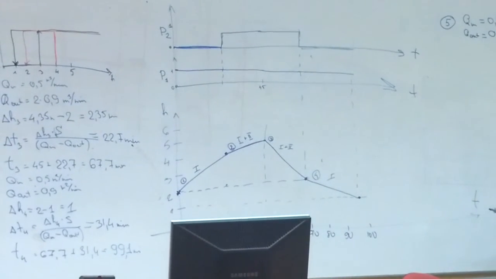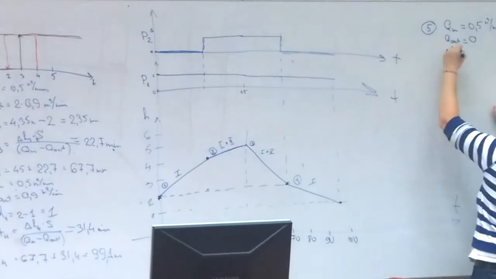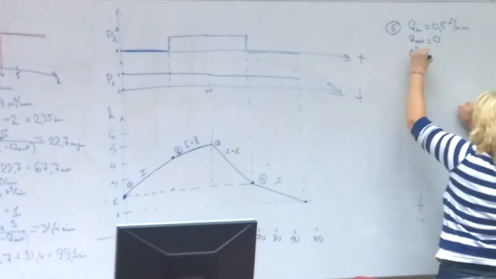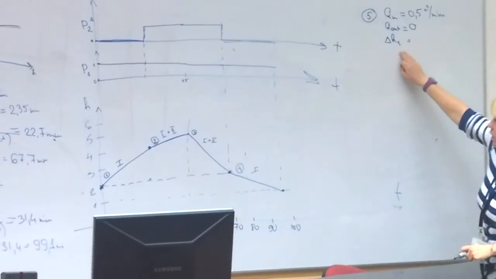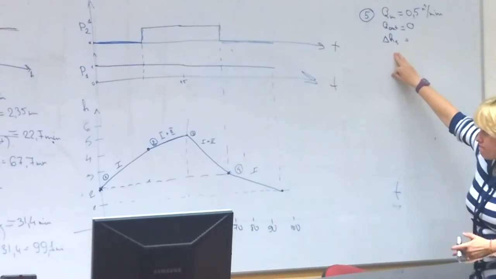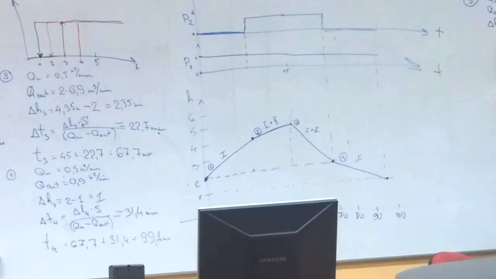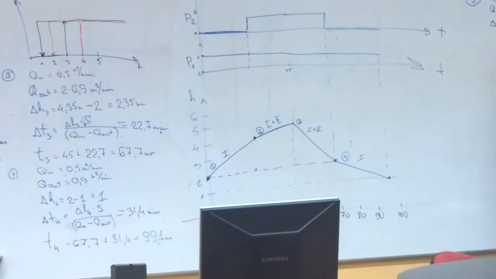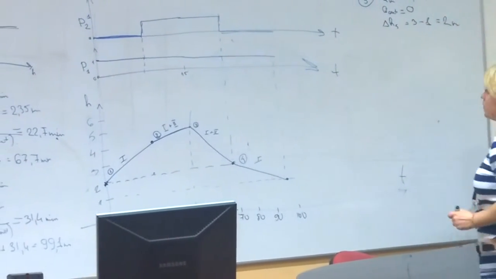So basically we know what the delta H is. This is the fifth one. So our delta H is, yes, 3 minus 1, 2 meters.